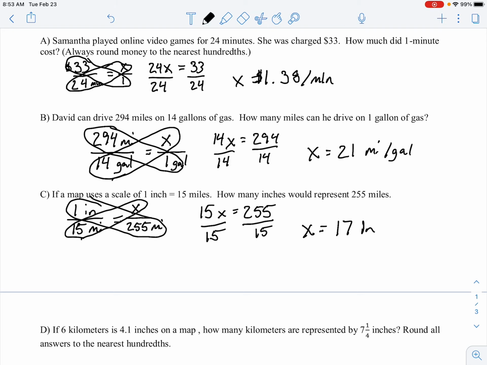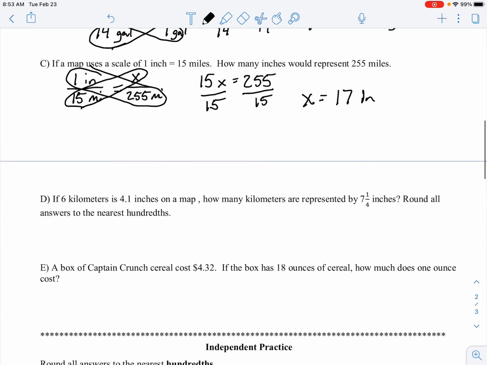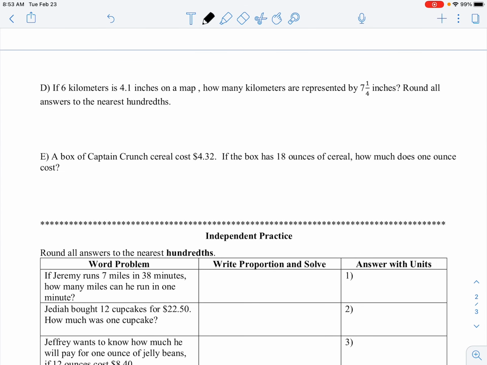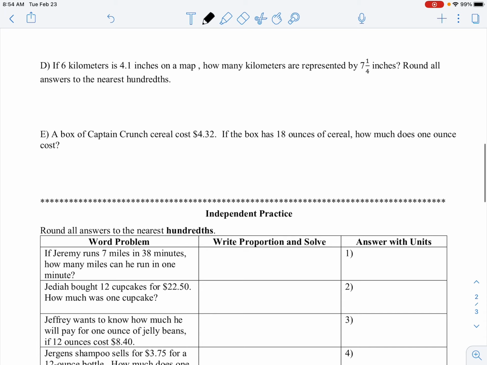All right, so on your notes page on Canvas, the problems are going to end here, but once again, we've got some of the notes problems on the same page as our independent practice here. So the last 2 problems you are going to see on your assignment page, but do those with your notes and not your assignment.